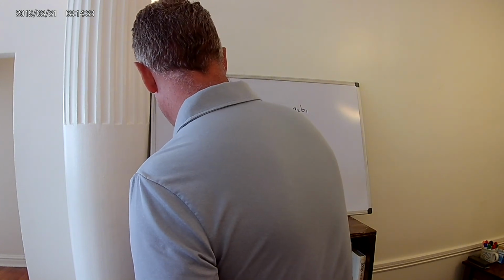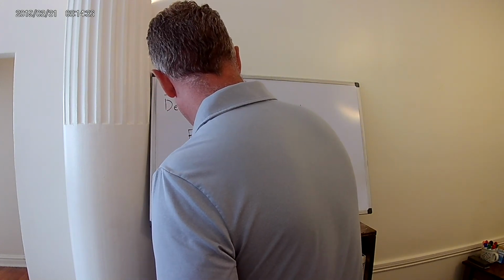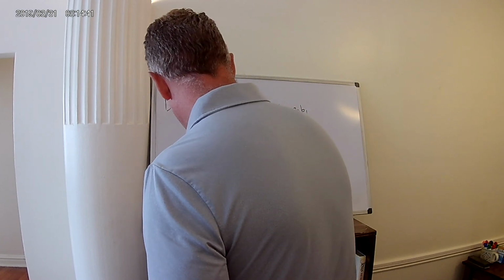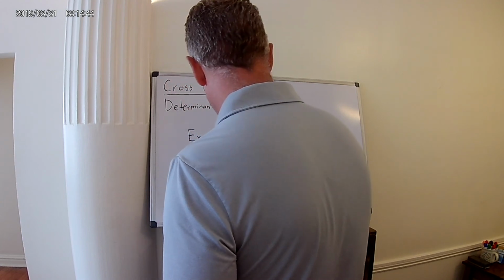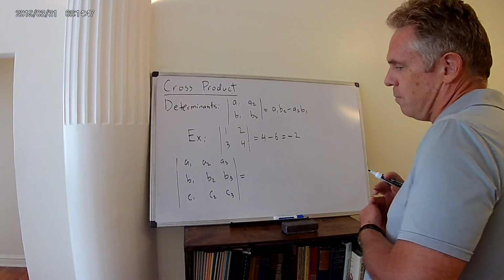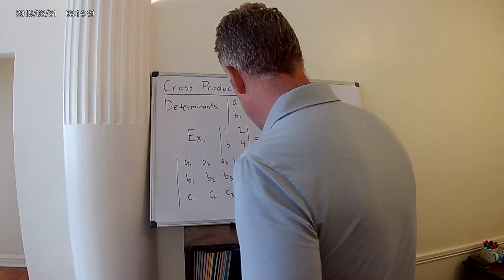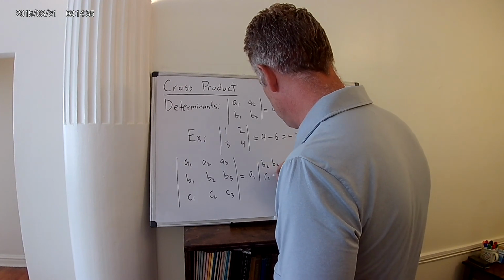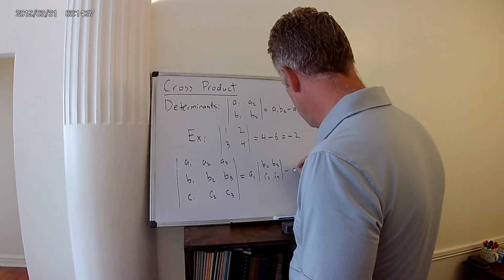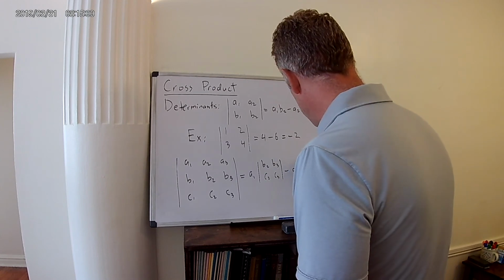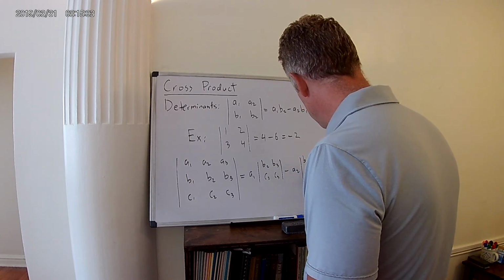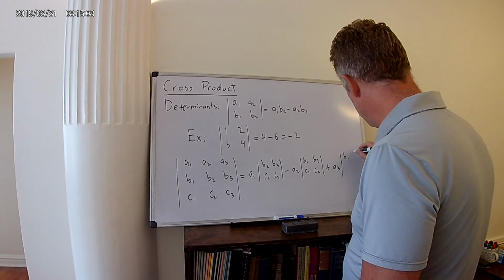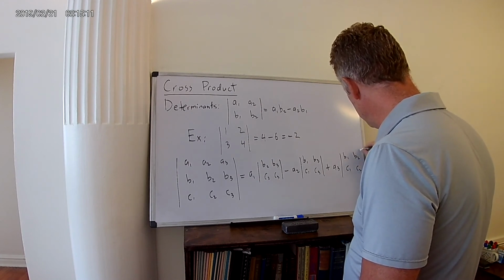So if this is our 3 by 3 matrix, A1, A2, A3, B1, B2, B3, C1, C2, C3, and we want to calculate the determinant of that, the way we do that is we take A1 times the determinant of the matrix B2, B3, C2, C3, minus A2 times the determinant of B1, B3, C1, C3, plus A3 times the determinant of B1, B2, C1, C2.